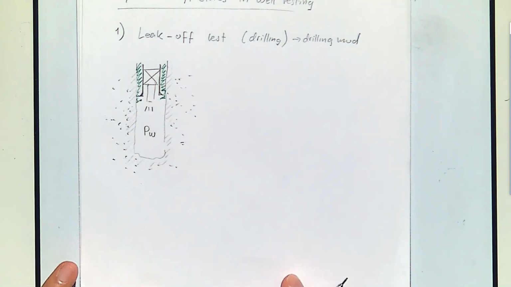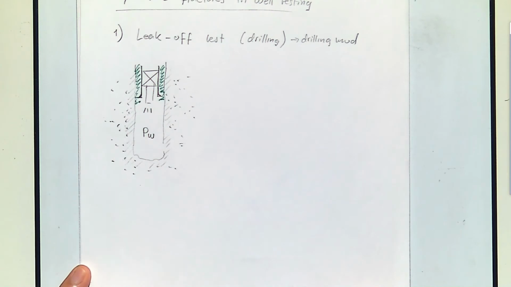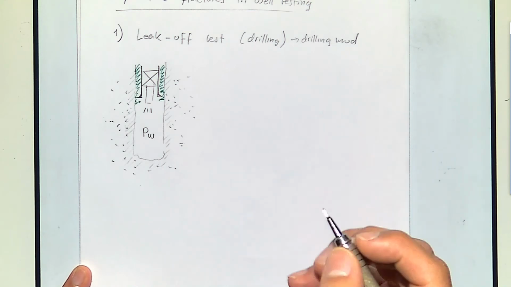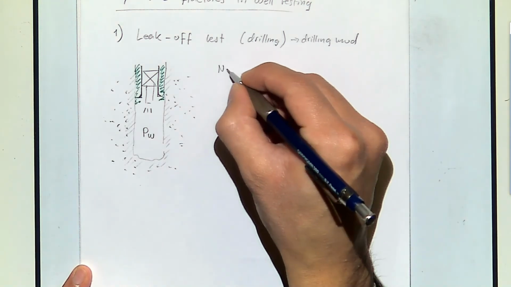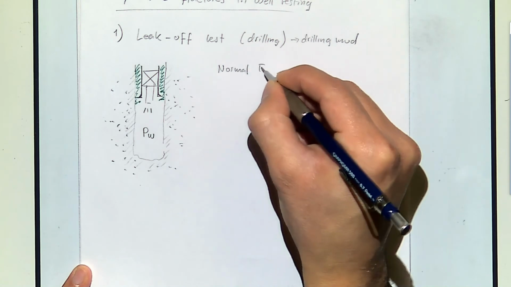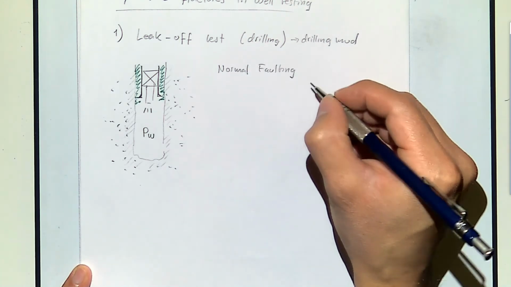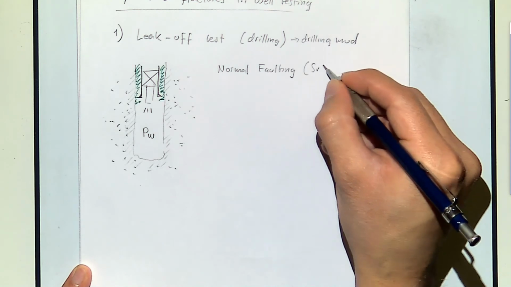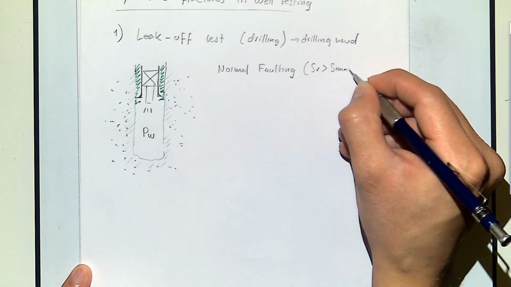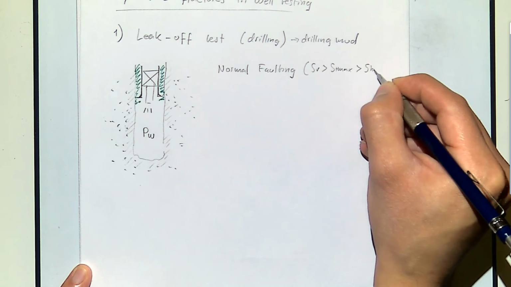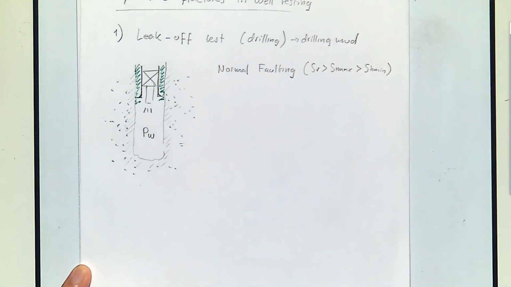Okay, let's calculate what would be the breakdown pressure for this wellbore, because that's our objective. Our objective is actually to measure the breakdown pressure, but with the equations that we know, let's try to calculate that. And for this, let's assume normal faulting, and of course, you know very well by now that for normal faulting this is going to be the case.